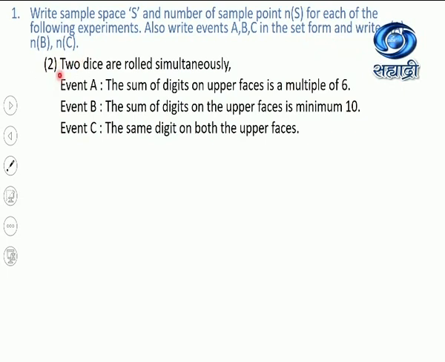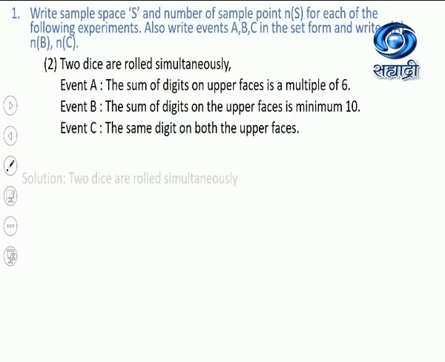Now let's solve the second example. 2 dice are rolled simultaneously. What is the condition for event A? The sum of the digits on the upper faces is a multiple of 6. Event B, the sum of the digits on the upper faces is minimum 10. Event C, the same digits on both the upper faces.